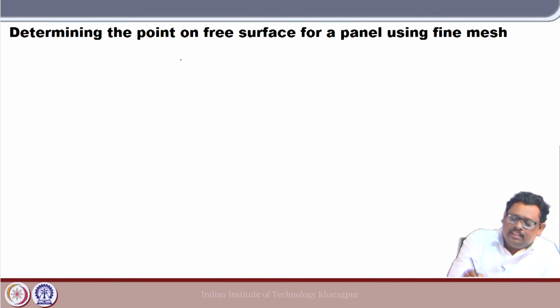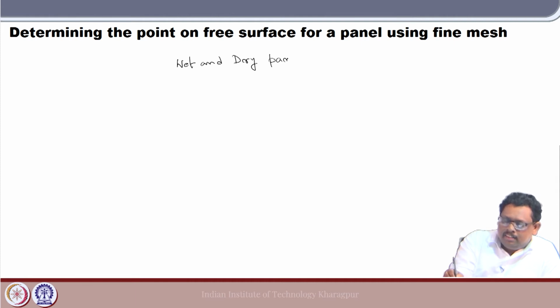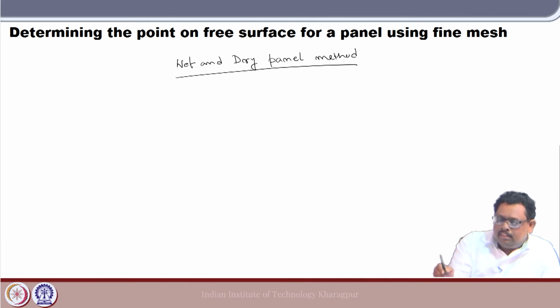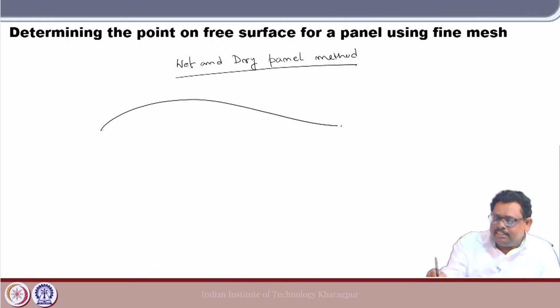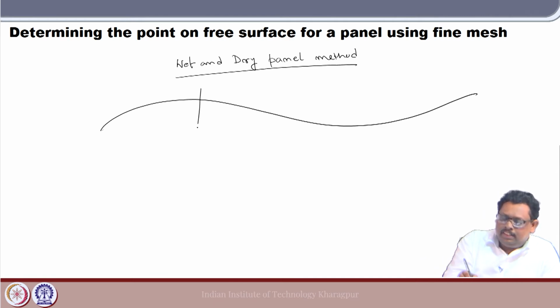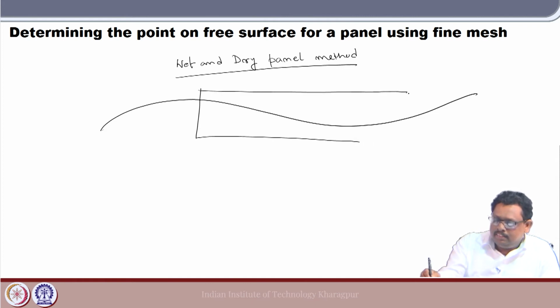We can call it the wet and dry panel method. Now, what is this? Suppose you have a free surface, and let me draw a two dimensional body over here. Okay.